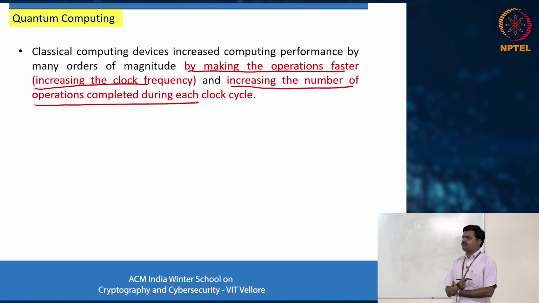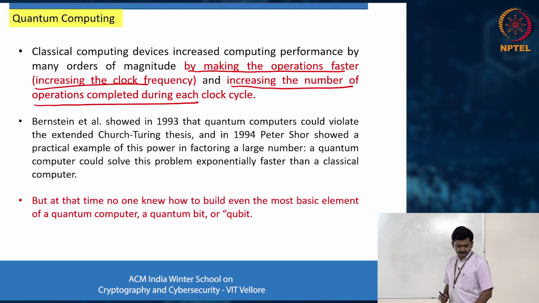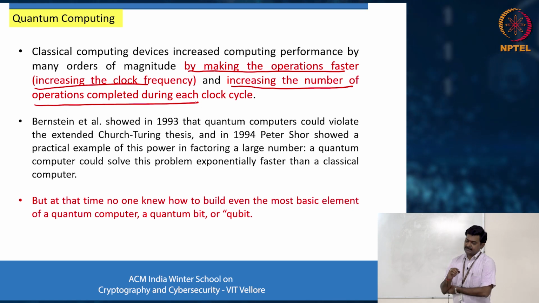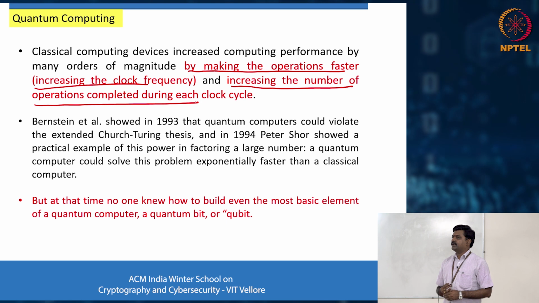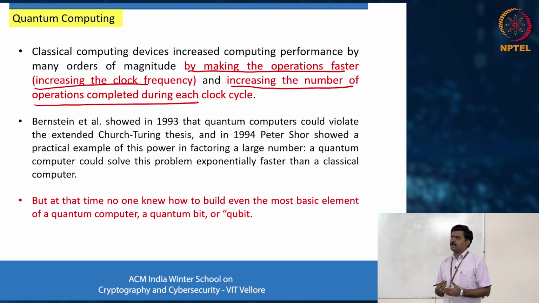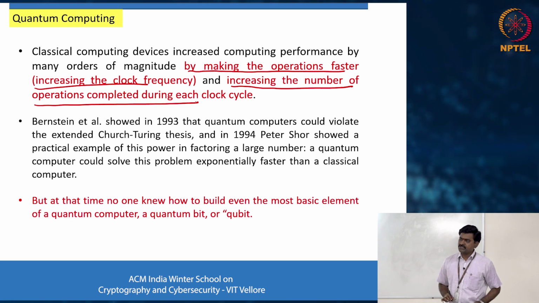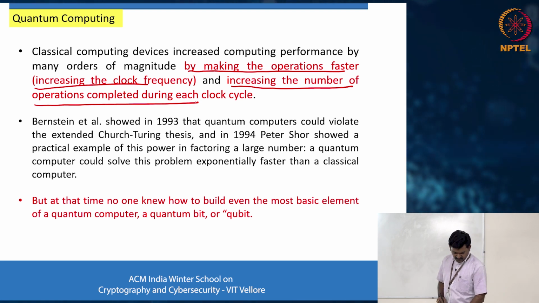Okay. So these are the ways your classical computers achieve higher computational power. But quantum computers achieve high computational power by different means, with the help of quantum physics. We will not go into those aspects, but we will see the basics of these quantum aspects.